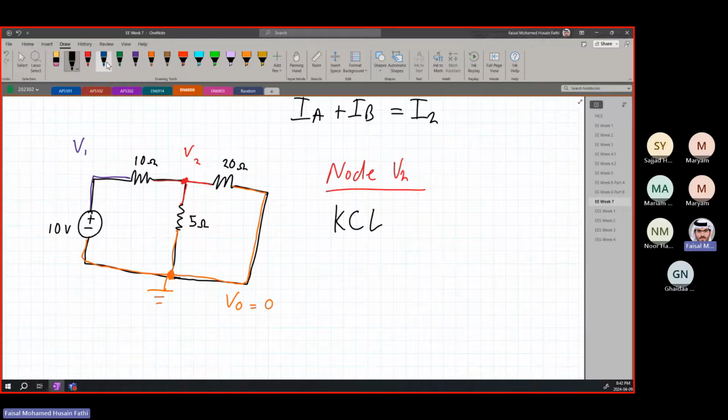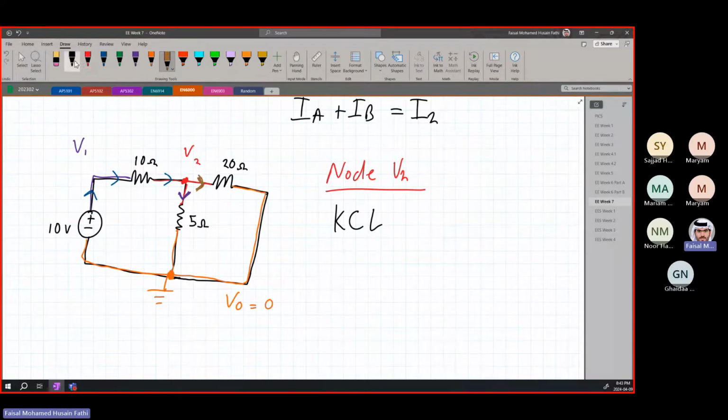So we have the current going in from here. Current is leaving from this, it's going in like that, and then we're going to assume that it is separating here into two ways. So it is going one in this direction, and another one in that direction. So we have two currents.